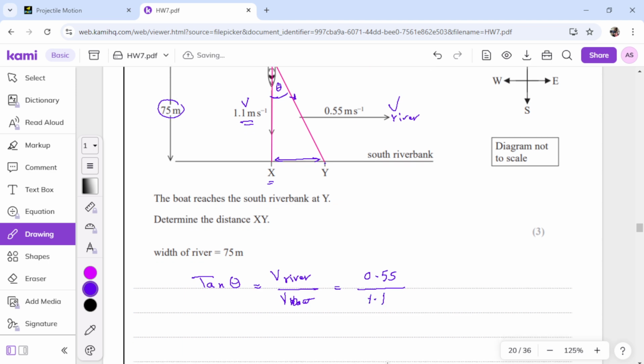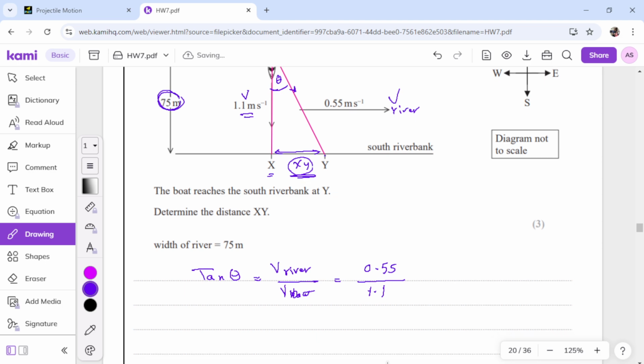And also, because XY is a distance, and we have this vertical distance, we have horizontal and vertical, so we can use the same equation. Tan theta equals opposite, which is XY, over 75.